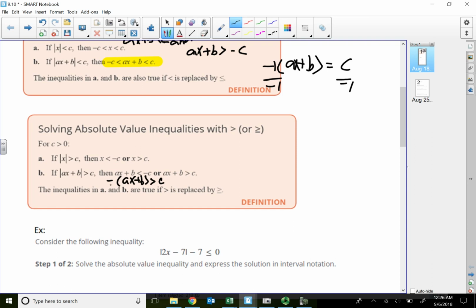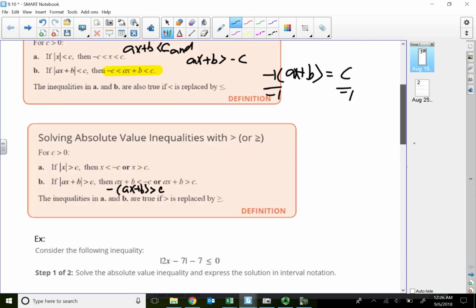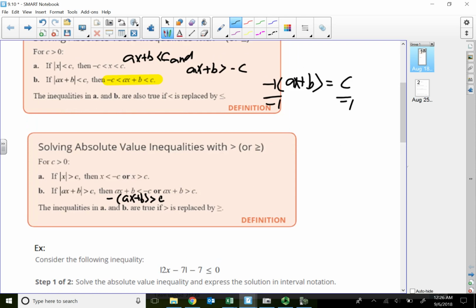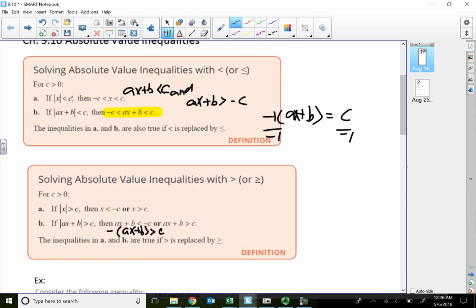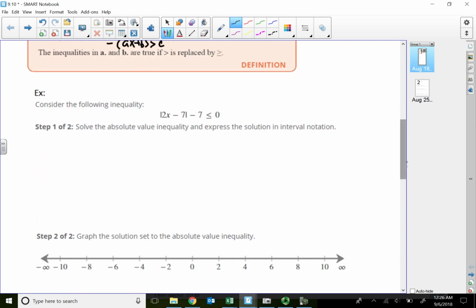When I divide both sides by negative 1 to move the negative sign onto the right side, the inequality has to switch. So greater than uses the word or, and less than basically uses the word and. Let's see if it's true.